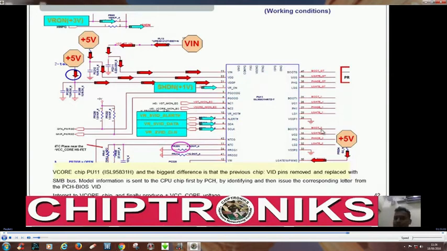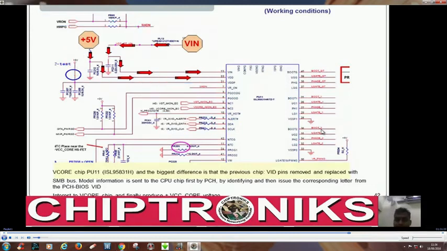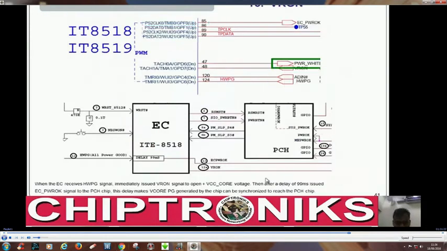At this point of time, the core voltage, the core well of the processor has not turned on. Core well of the processor also has many wells. The 1.5 volt section of the processor has already been turned on, right? 1.5 volt section you can see over here.